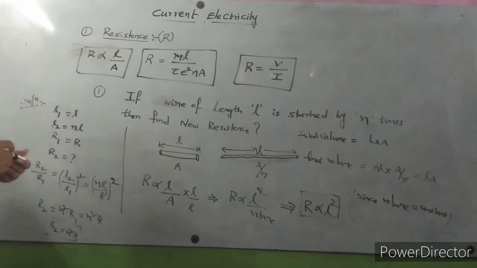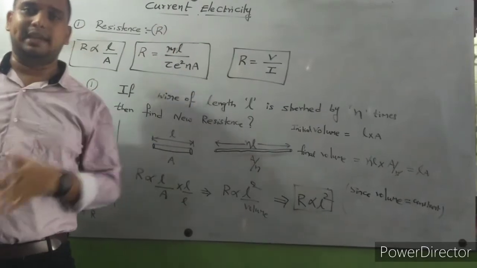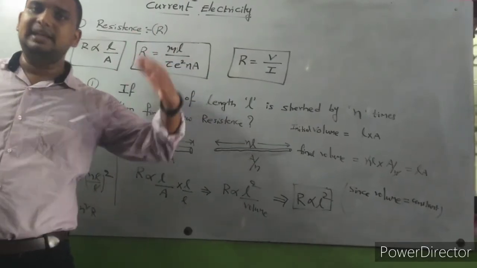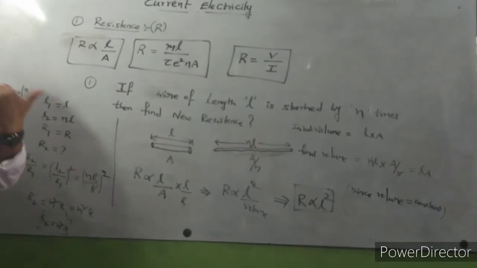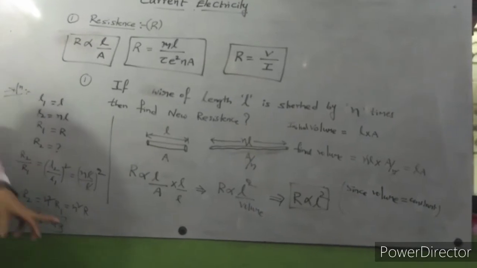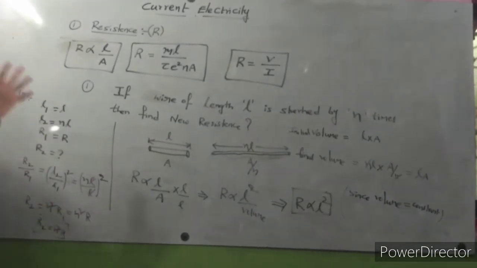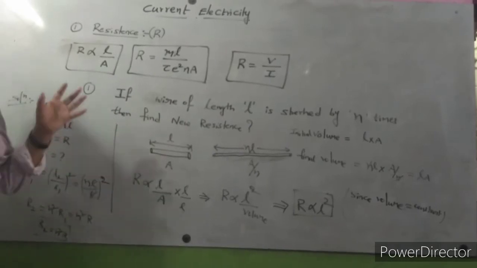So what we observed here: if the length of the wire is increased by n times, then the resistance of the wire is increased by n square times. This is a very, very important question, so please note down.